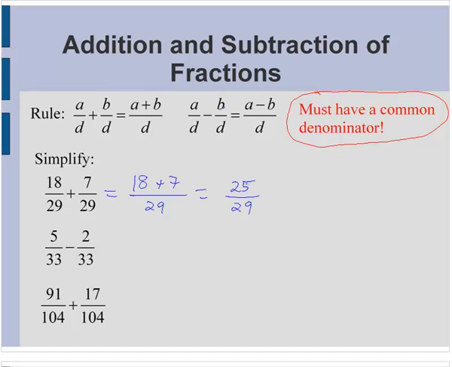Now, 25 is 5 times 5, and 29 is prime, so there are no common factors, and this is simplified. 5 over 33 minus 2 over 33 would be 5 minus 2 all over 33, which is 3 over 33. Now I can do something with this, because 3 is prime, 33 is 3 times 11, and I can think of 3 as 1 times 3, and removing the common factor of 3, I'm left with 1/11.